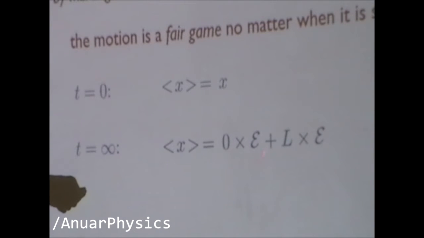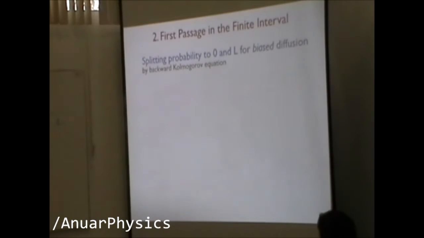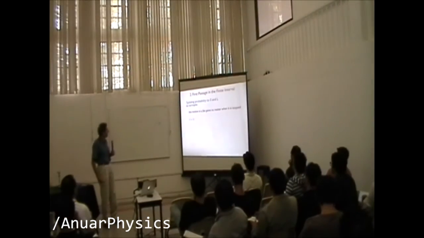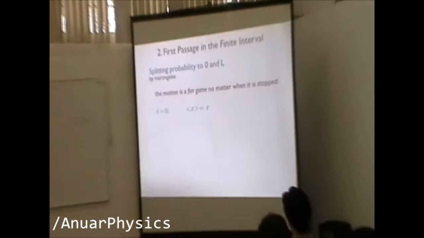So this should be 1 minus E sitting here. Or you're at the right boundary with a probability equal to the exit probability. But by this Martingale statement that the game is fair no matter when it is stopped, the initial average position and the final average position should be equal. So, again, the same result, with no work. So this is incredibly elegant and incredibly powerful. Whenever you can apply the Martingale theorem, it works really well.